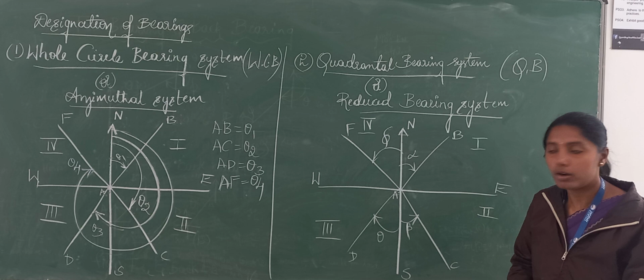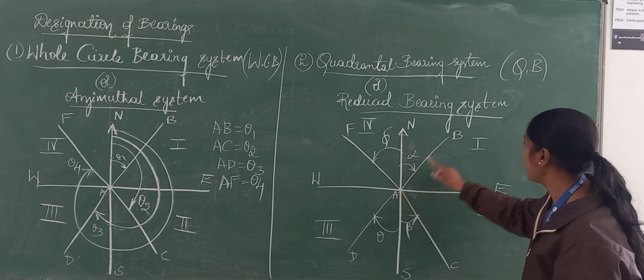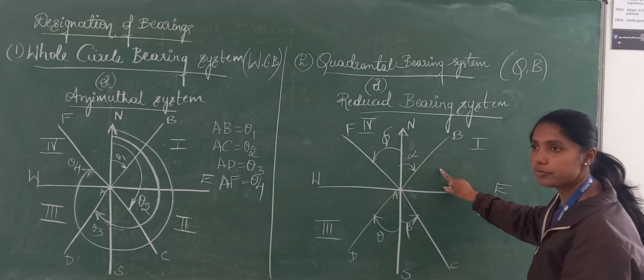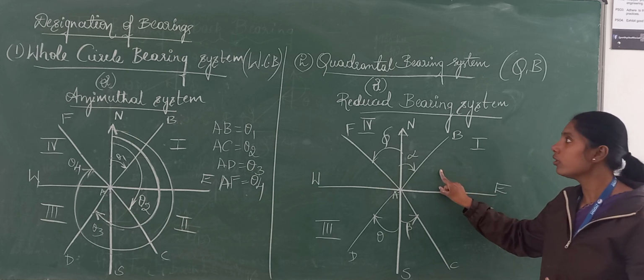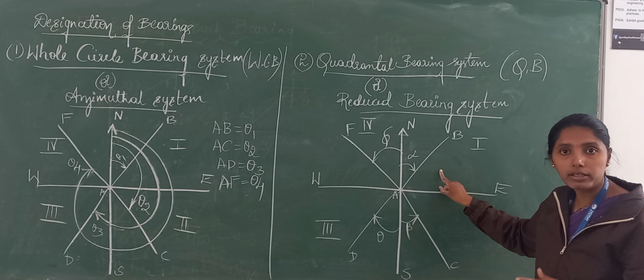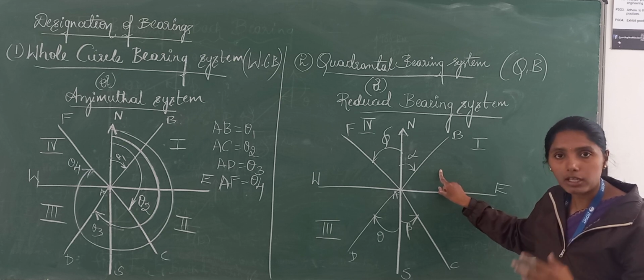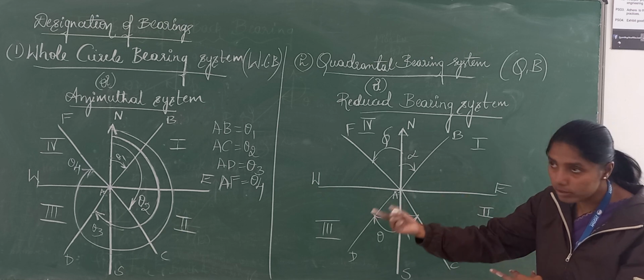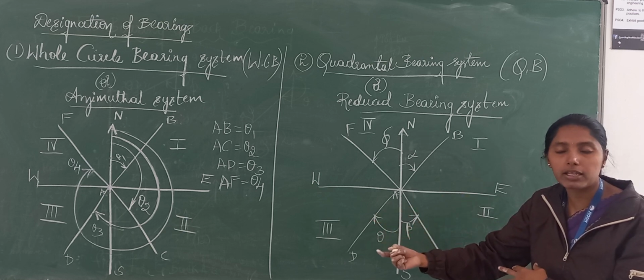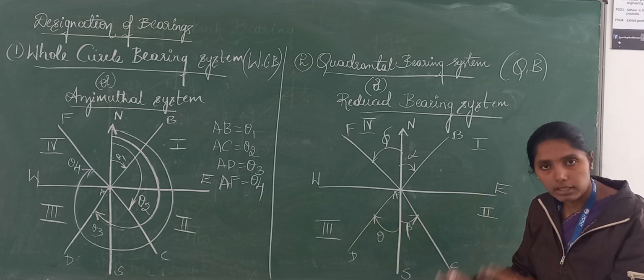Okay, see here the line AB is in the first quadrant, and also keep one more point with respect to the quadrantal bearing system in your mind: here the bearing varies from 0 degrees to 90 degrees, whereas in the whole circle bearing the bearing varies from 0 degrees to 360 degrees.